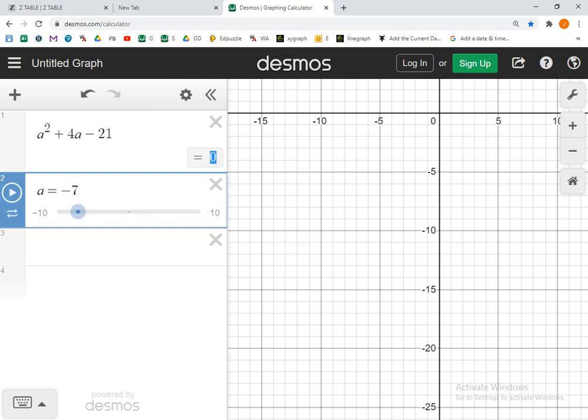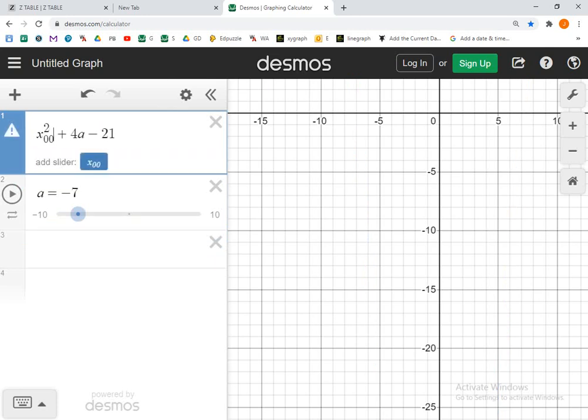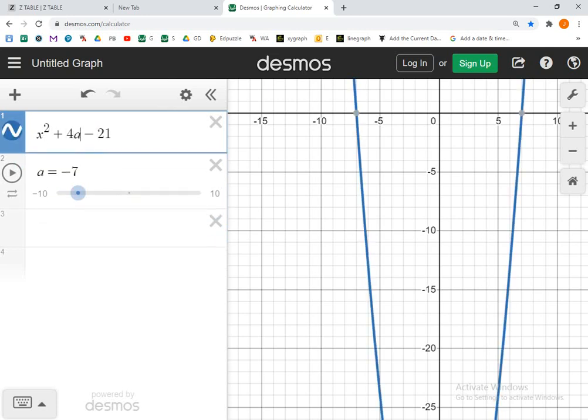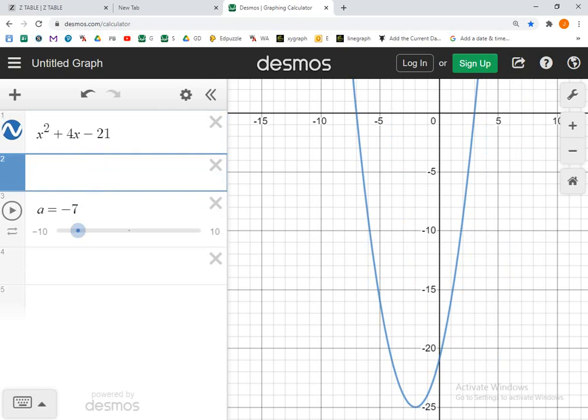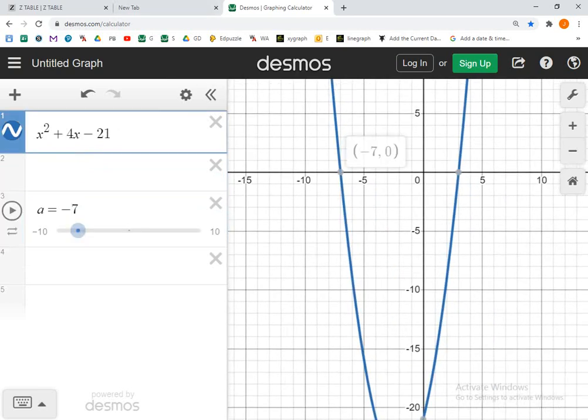So on our graph, if I plug in an x value of negative 7 and a y value of 0, do you see that point right there, which is where we cross the x-axis? That's an x-intercept. So this process that we're going through is giving us these locations of where our graph crosses the x-axis, and those are called x-intercepts.